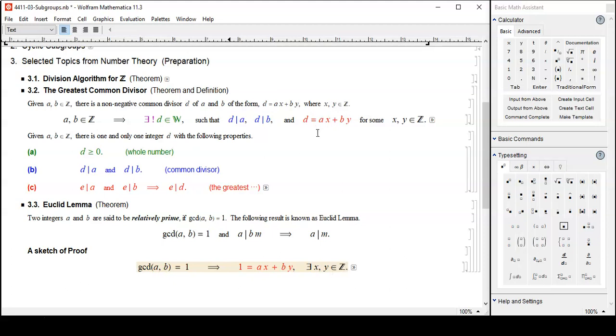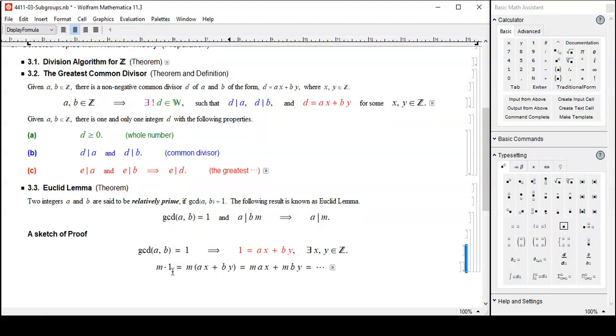Remember, I just used this red property. Okay, how does that help? Well, I want to prove something associated to m. So what I'm going to do is multiply m to both the left-hand side and right-hand side, like this. Multiply by m, and then if I break up the parentheses, I'm going to get max plus mby, etc.